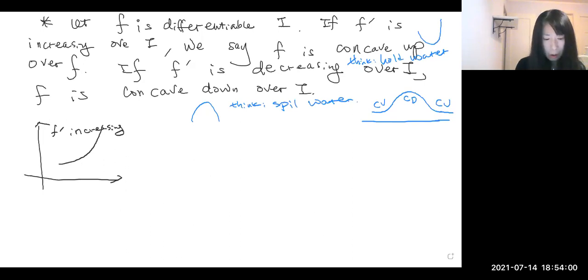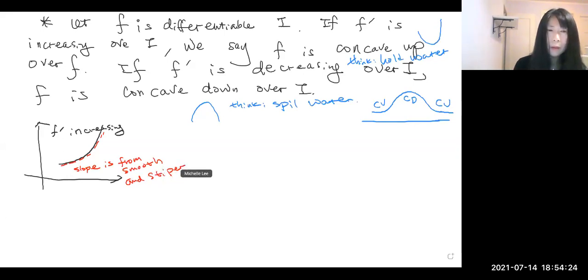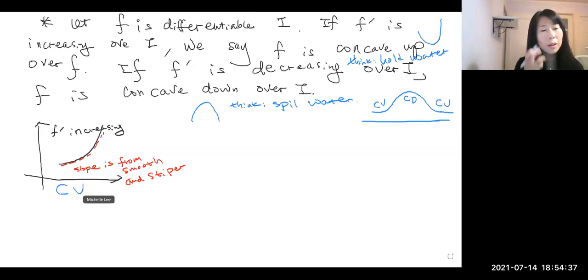Because look, the slope goes from smooth to steeper. Then we say this is concave up. Let me denote it CU, concave up, all right?